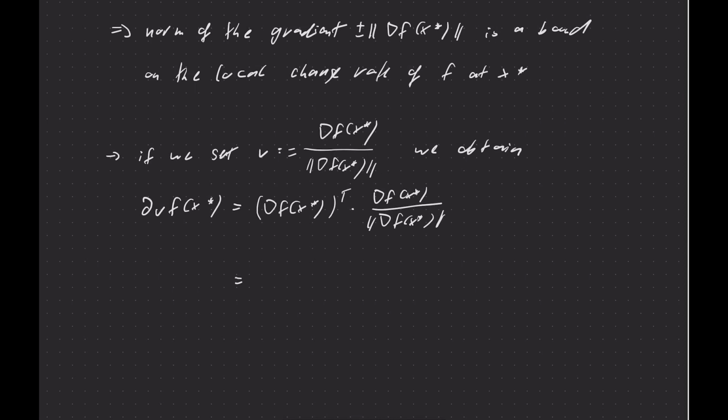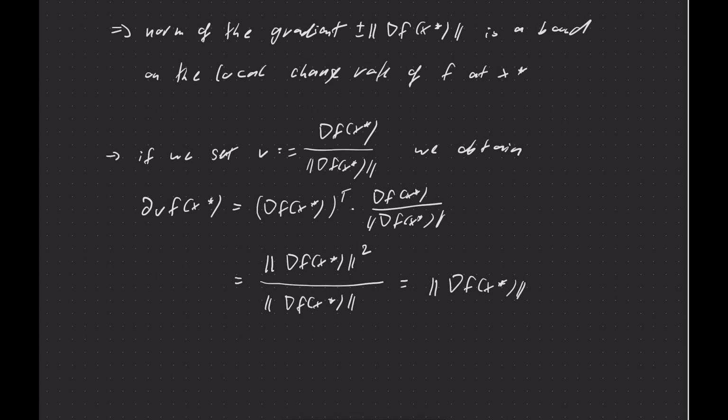And you will remember that a vector transposed times itself, so gradient of f times gradient of f, is exactly the norm squared of a vector. Okay, so what we have here is, in fact, the norm squared of the gradient of f at x star divided by the norm of the gradient of f at x star. So that will cancel out, and what is left is just the norm of the gradient.